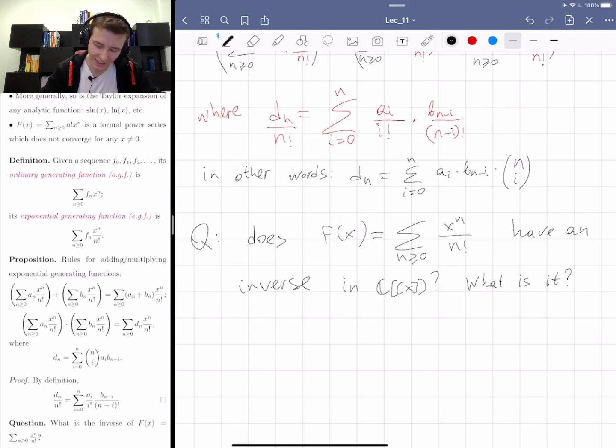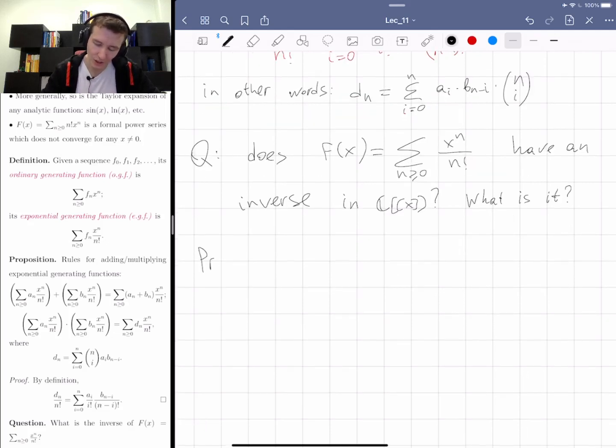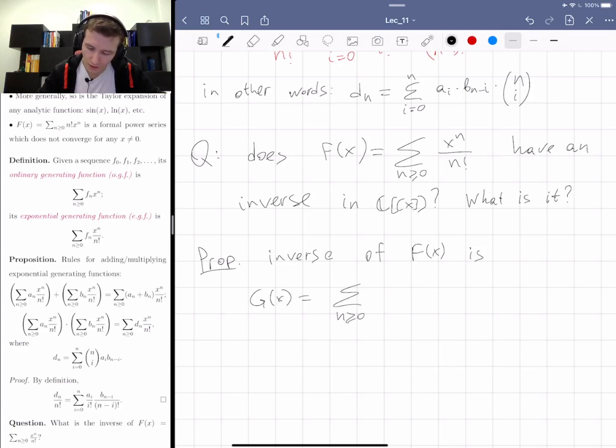Indeed, the proposition, which is inspired by calculus, is that the inverse of f of x is the exponential of negative x, g of x. Let me write it down as an exponential generating function: the sum of negative 1 to the n, x to the n, over n factorial, which is secretly exp of negative x.